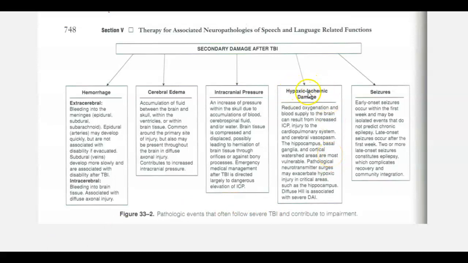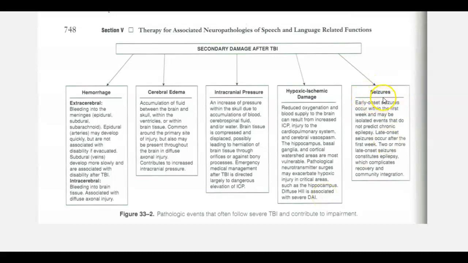Hypoxic refers to oxygen. Ischemic refers to blood flow. So because of tissue damage, tissue displacement, all of the other things that we just mentioned, then we're going to have reduced oxygen and blood supply to the brain, and then various results from that.